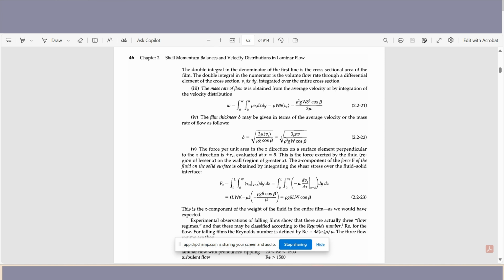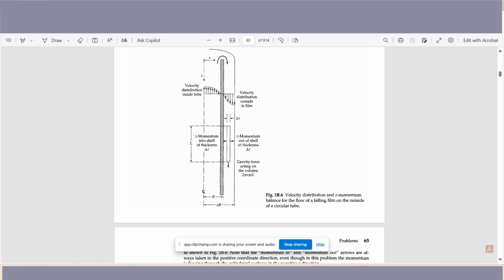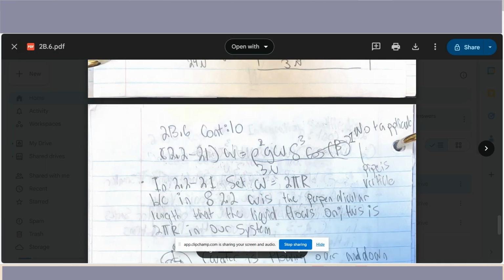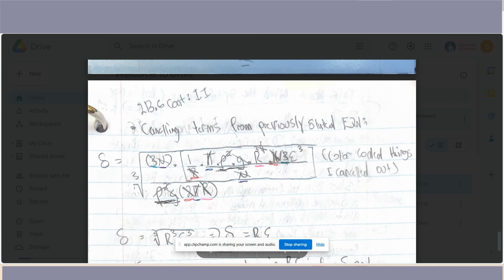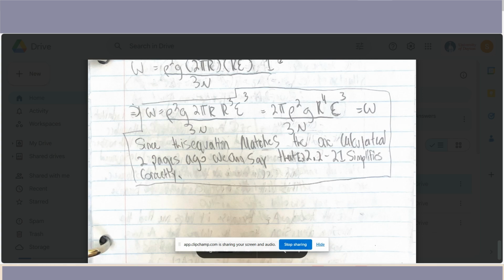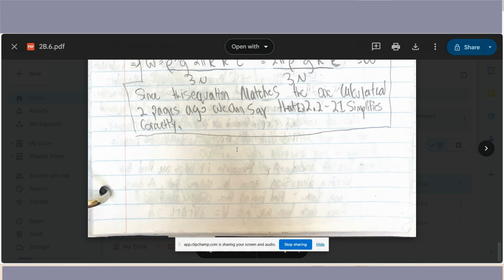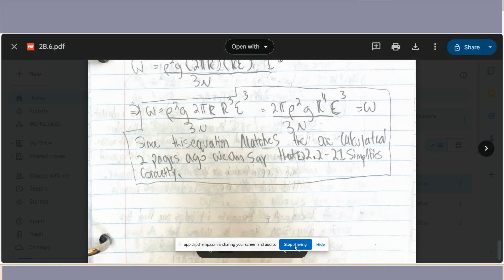That makes sense. Just W equals 2 pi r. And we get 2 pi r times this, and this equals epsilon squared. So yeah, that's the end of the problem.